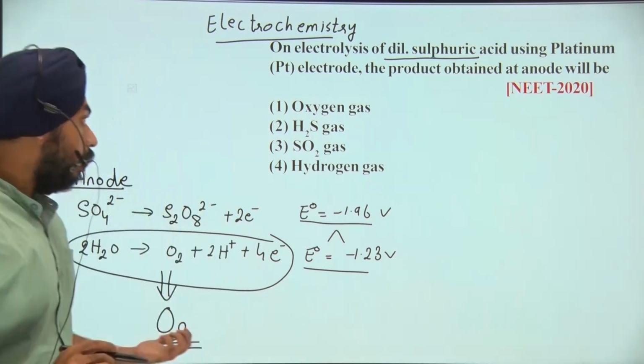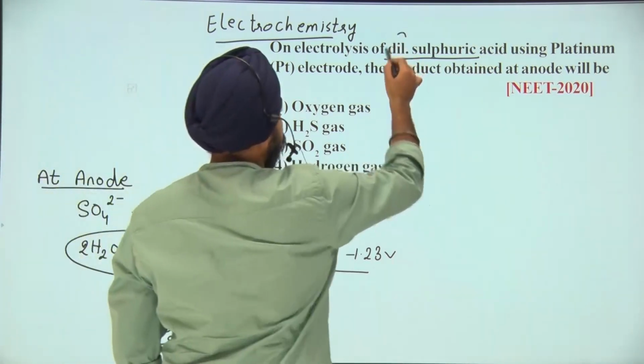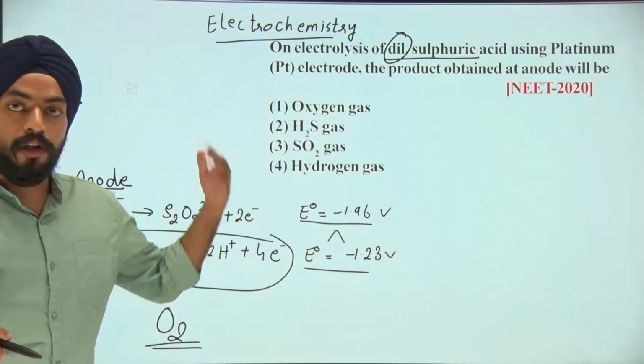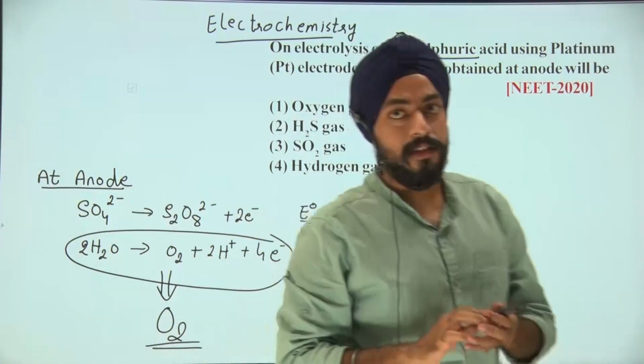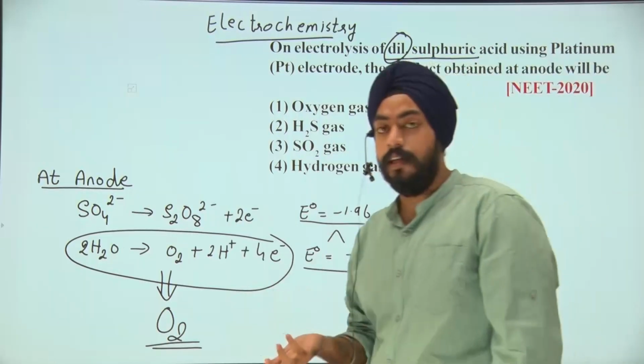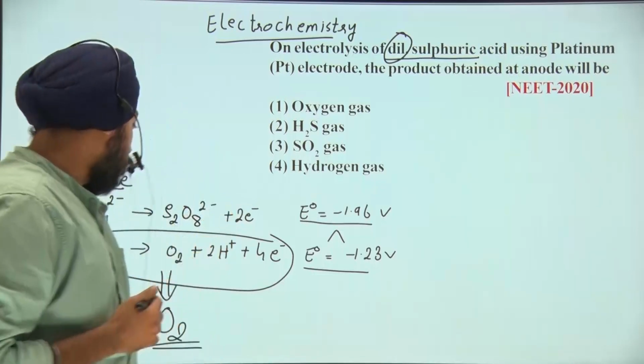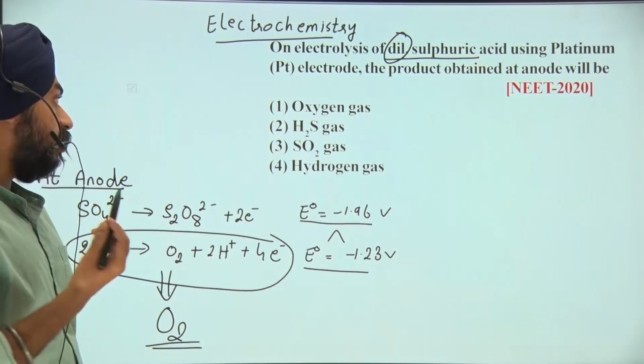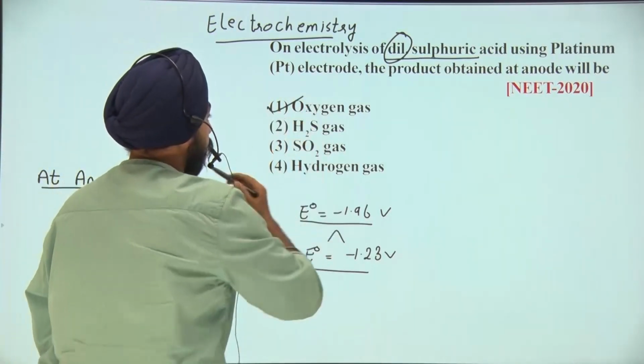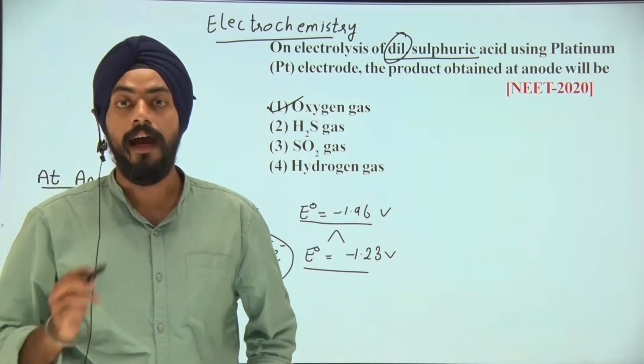Clear? And water is also in excess because we are using dilute acid. So the product at the anode will be from the water. The oxidation of water is taking place, so the correct answer is option 1, that is oxygen gas will be liberated at the anode.